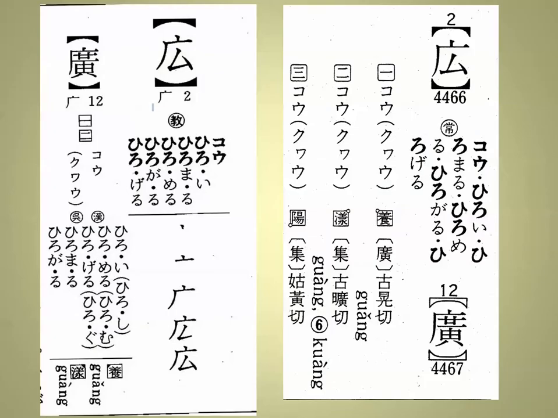Here on the left is that one volume dictionary, and on the right is the Kokan Wajiten, which is sort of a halfway point, I guess, between Motohashi and a modern single volume dictionary. But you can see where on the left a lot of information has been pulled in from the Kokan Wajiten.